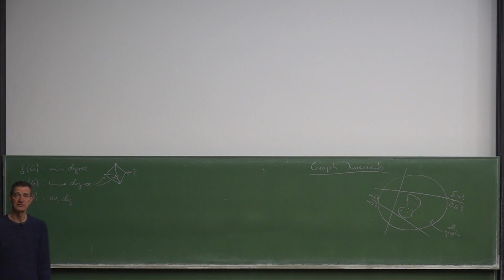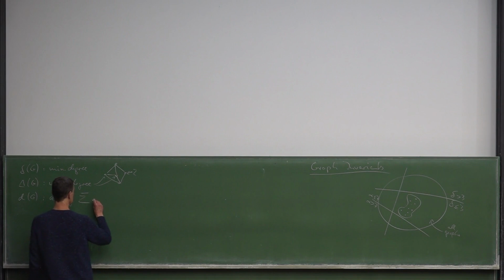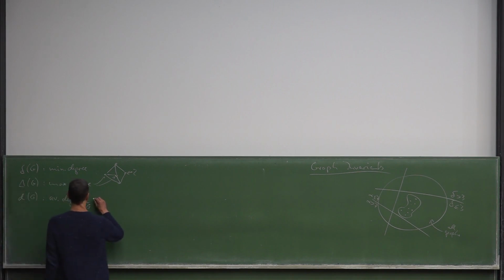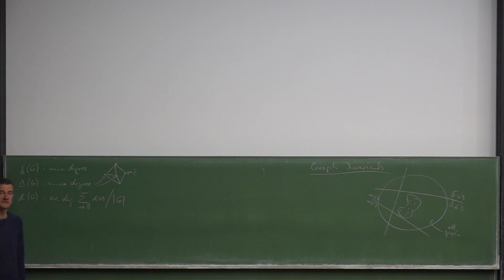What's the average degree? Well, what the name says, you sum over all the degrees, and then you divide by the number of vertices. So that's the sum over all vertices of G of the degree of those vertices divided by the total number of vertices, order G. That's the average degree.